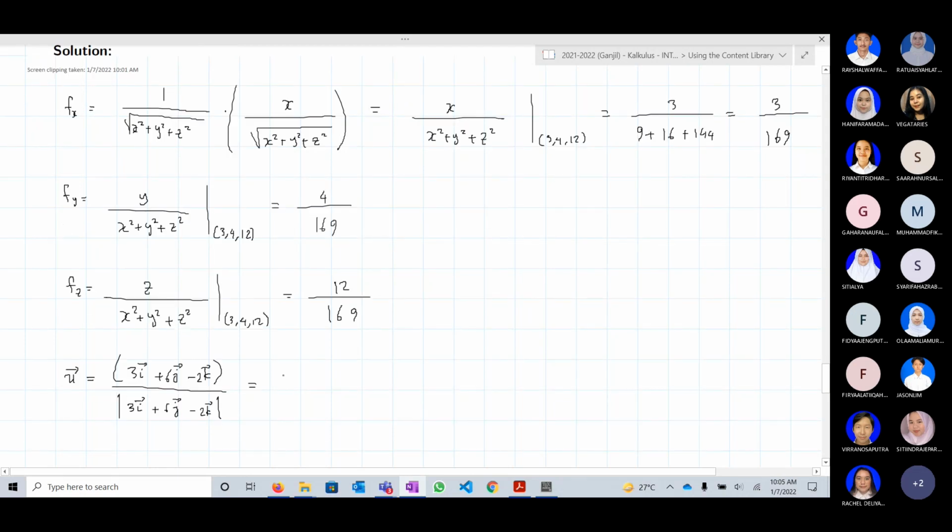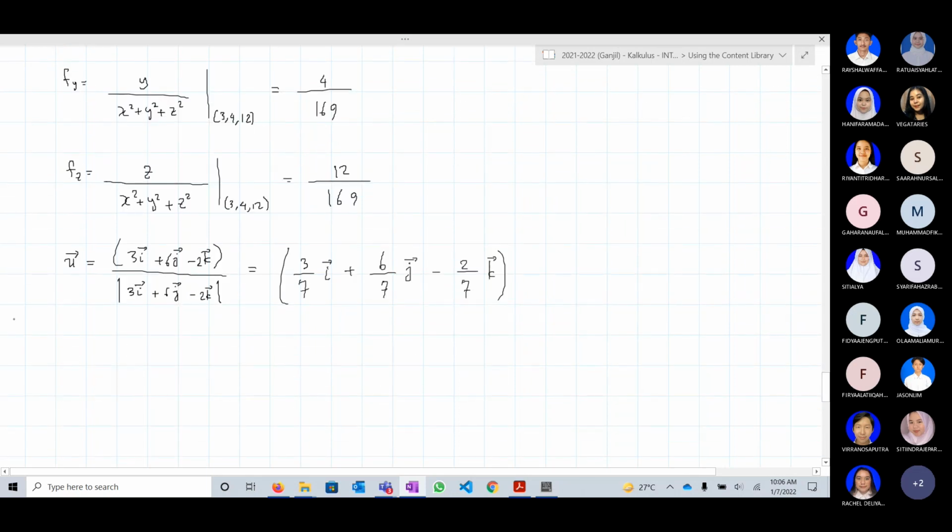So this is 3 over 7 i plus 6 over 7 j minus 2 over 7 k.